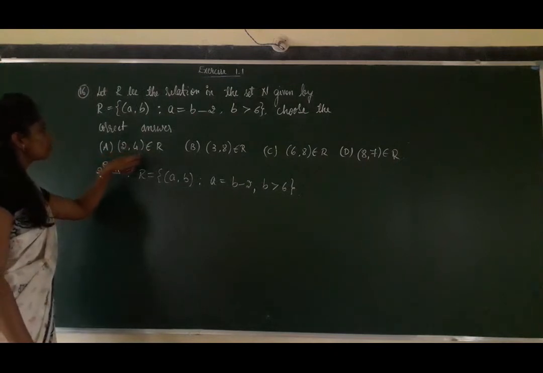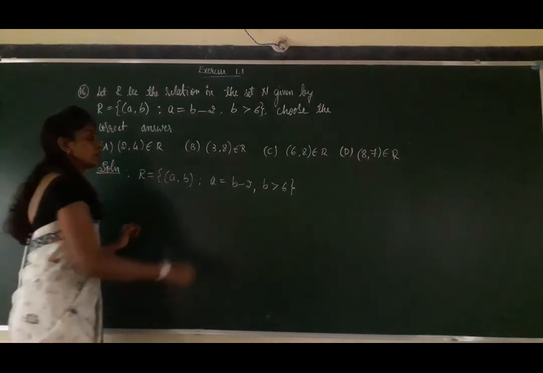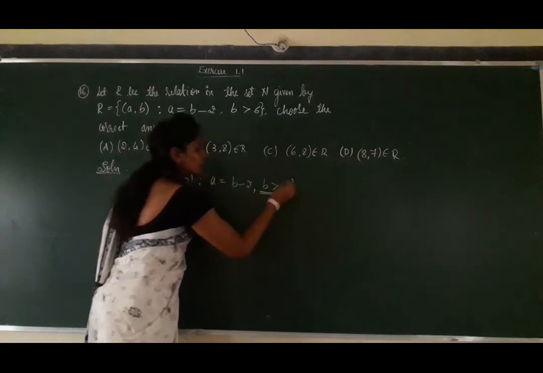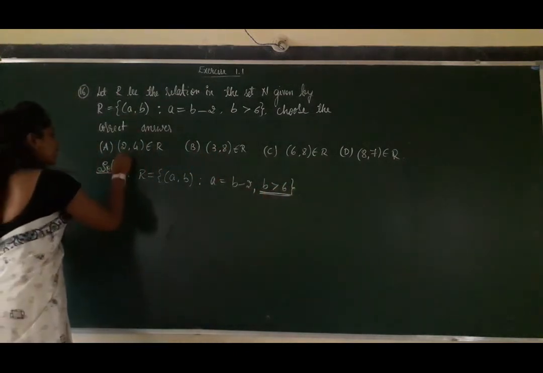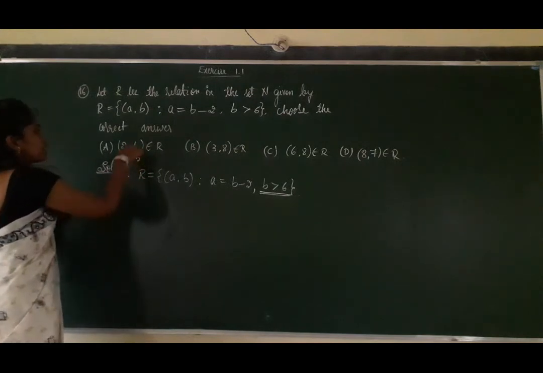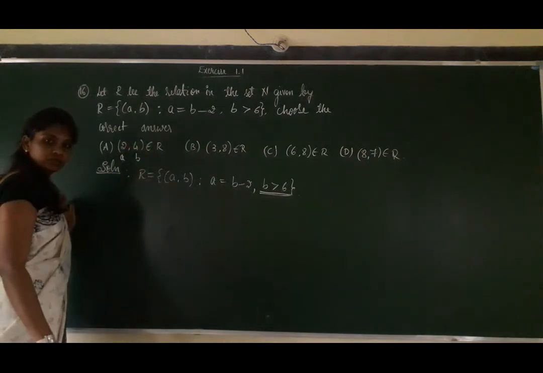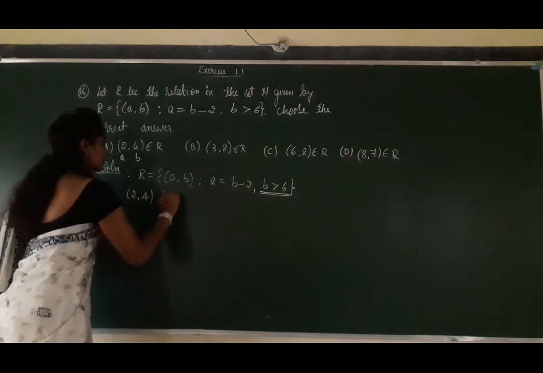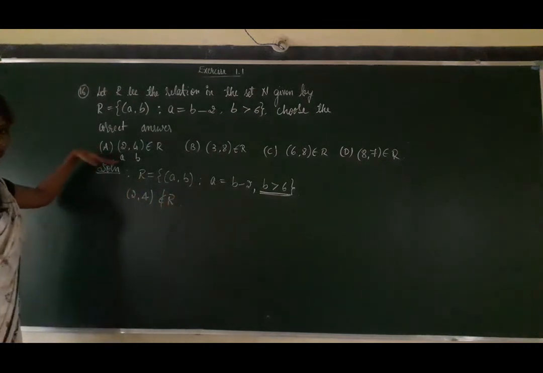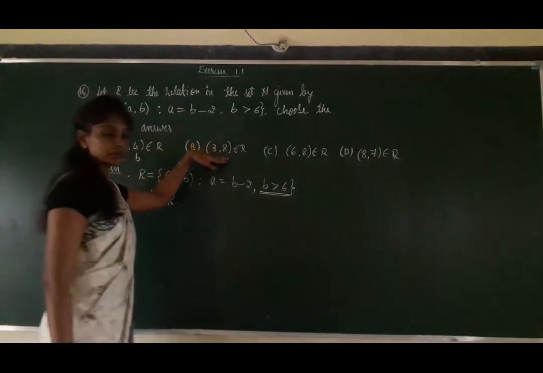Ordered pair (2, 4) belongs to R. But they only gave B value is greater than 6. Here this is A, this is B. Here B is less than 6. That's why ordered pair (2, 4) does not belong to R. First option is wrong. Move to the second option.